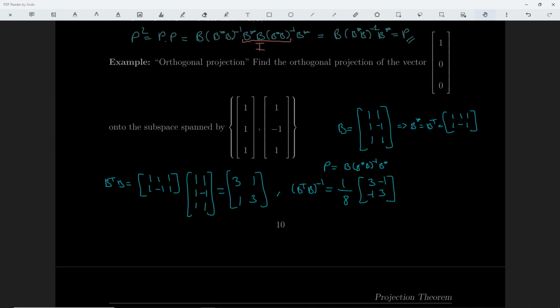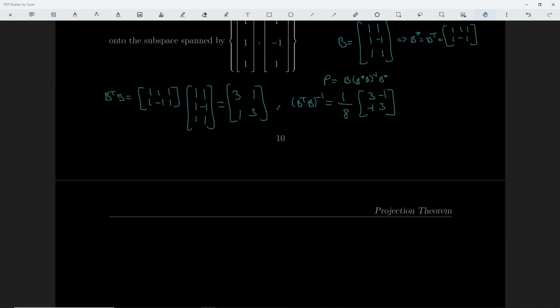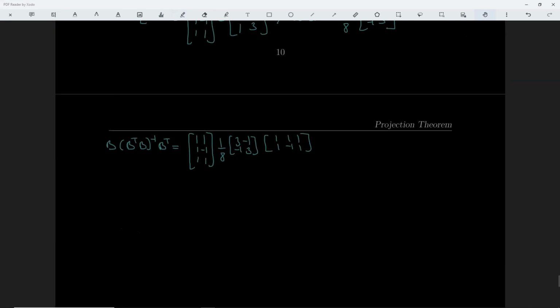All right, so if we continue, we need to compute B times (B transpose B) inverse times B transpose, which is equal to B times 1 over 8 times the matrix (3, -1; -1, 3) times B transpose. Okay, now I can scroll down.